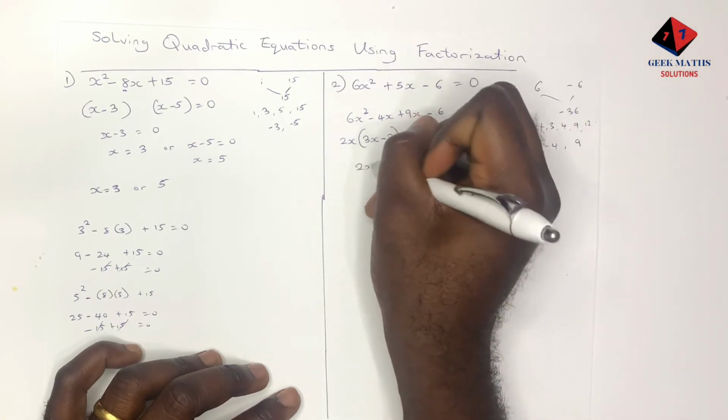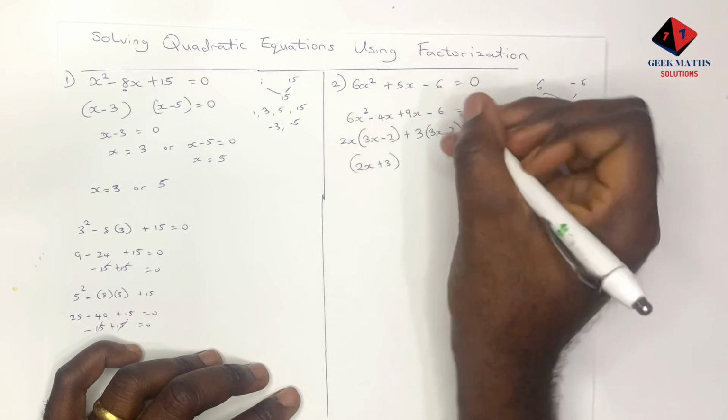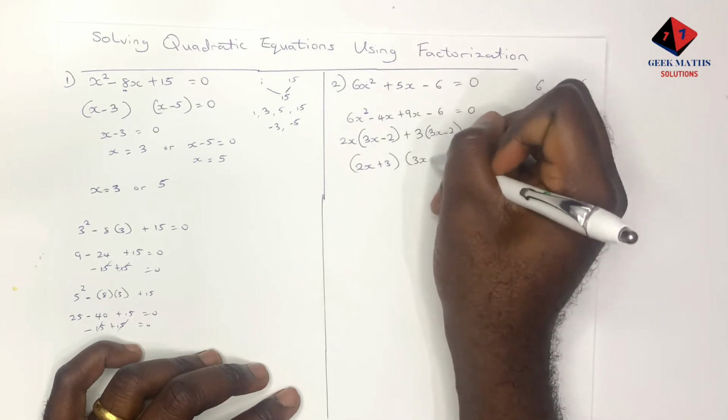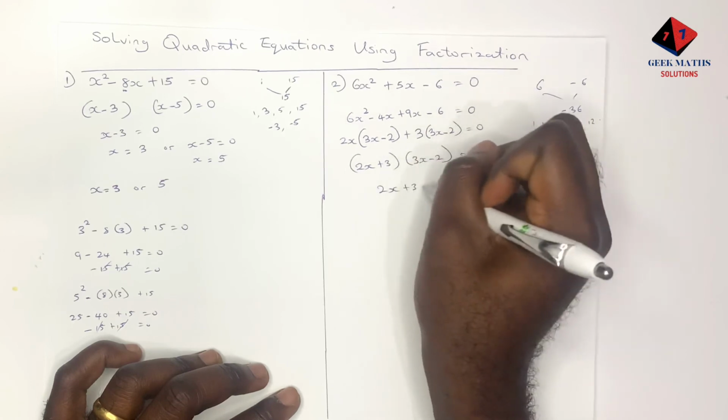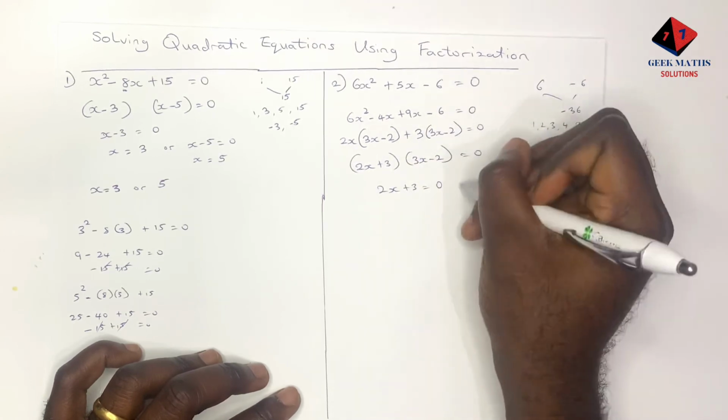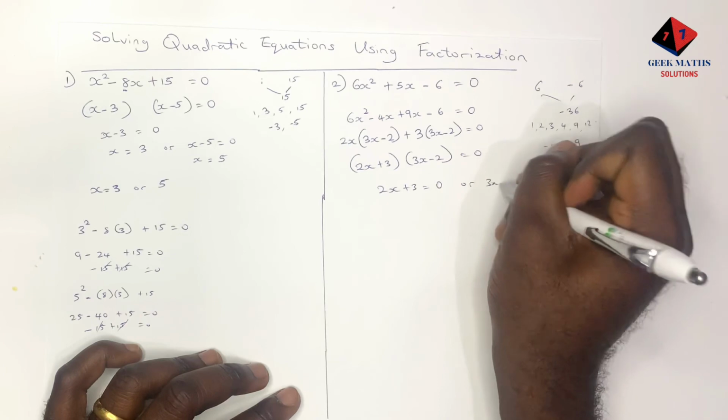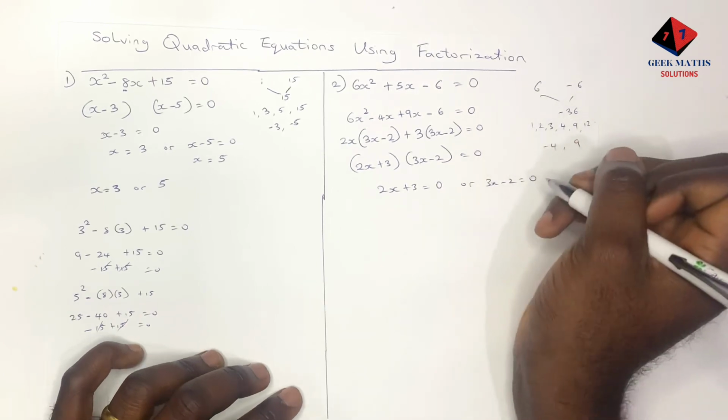So this will give us 2x plus 3, bracket 3x minus 2 is equal to 0. 2x plus 3 is equal to 0, or 3x minus 2 is equal to 0.